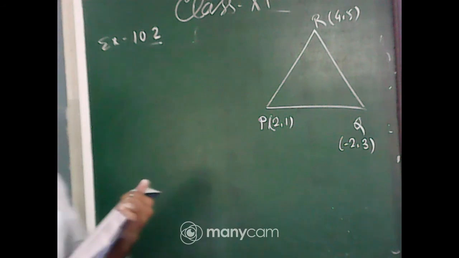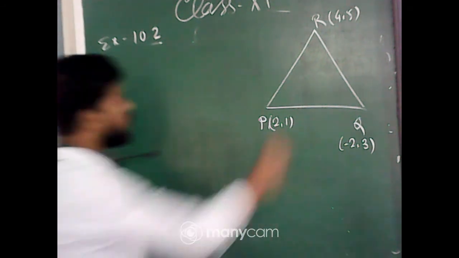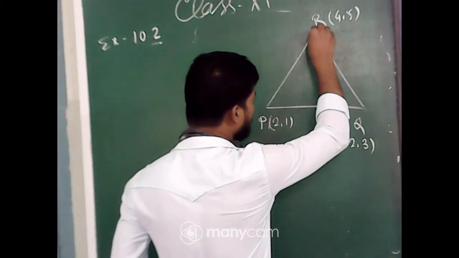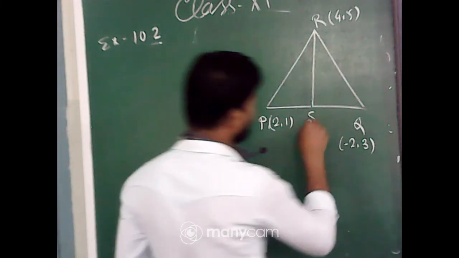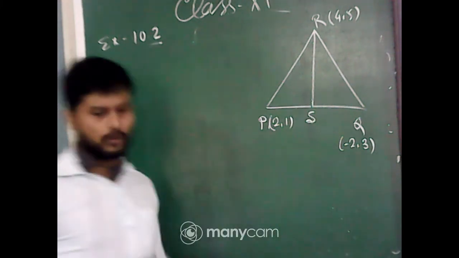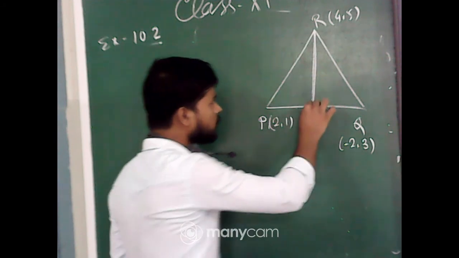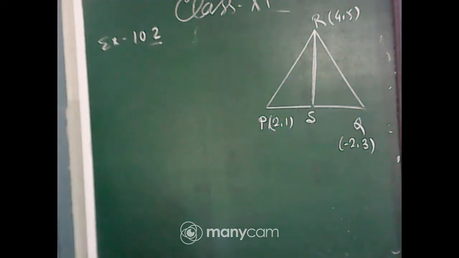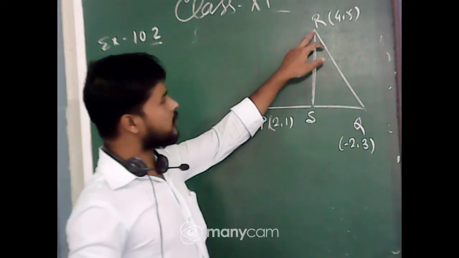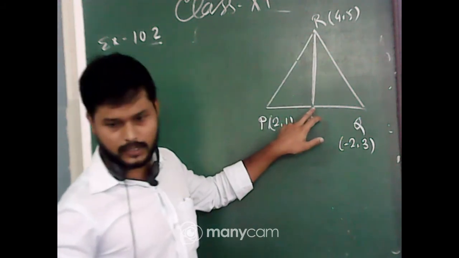Find the equation of the median through the vertex R. If I draw the median, we have to find the equation of the median SR. Now look, what is the median of a triangle? A median is a line which joins a vertex of a triangle to the midpoint of the opposite side.